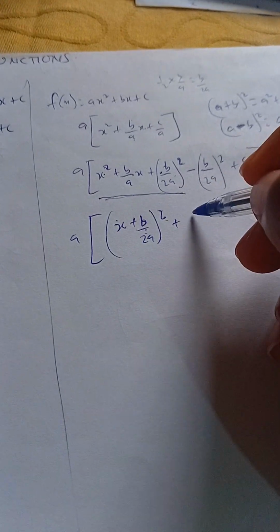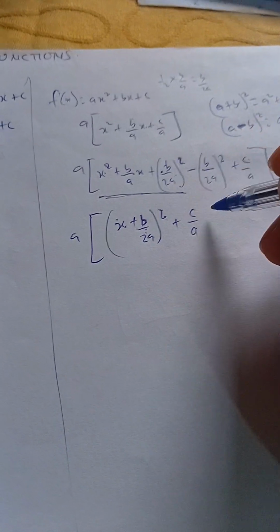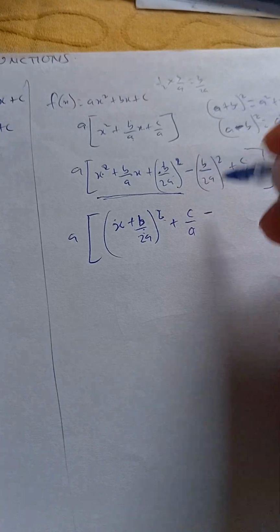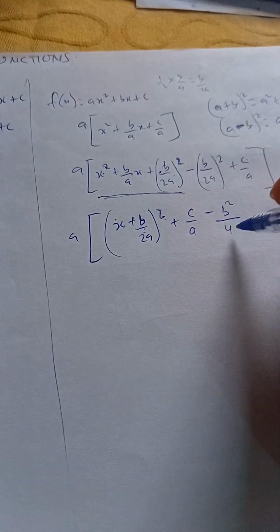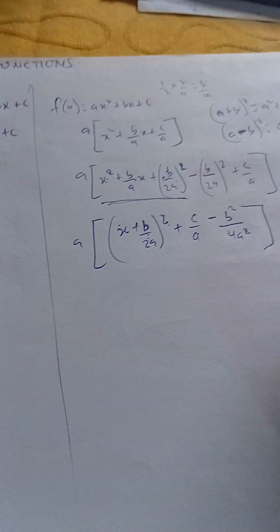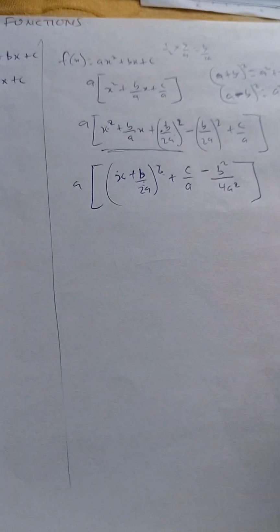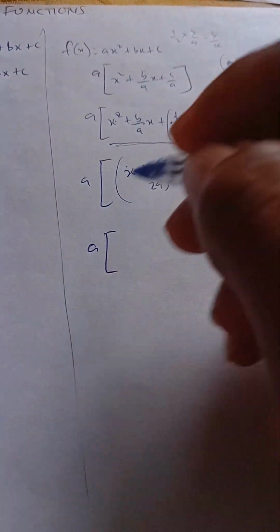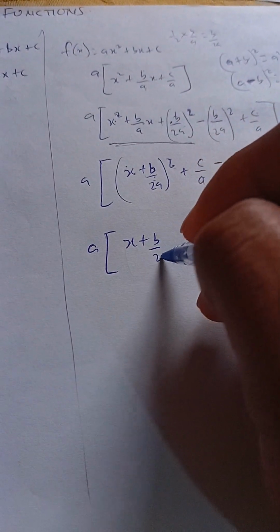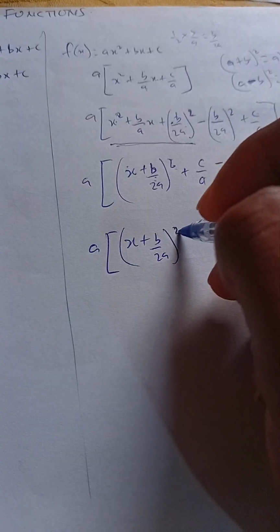It's very nice to write positive numbers before negative ones, okay? So let's expand this: b squared over 4a squared. We're almost done with completing the square. x plus b on 2a all squared.